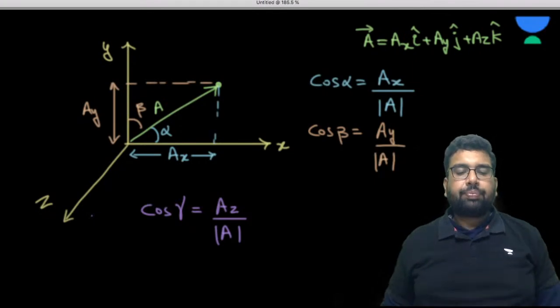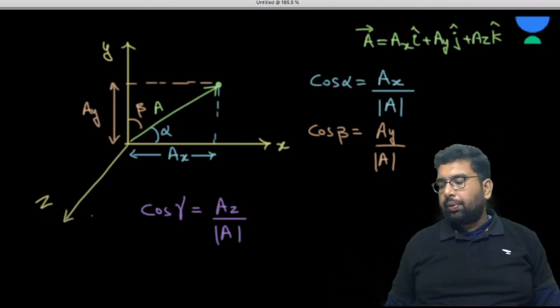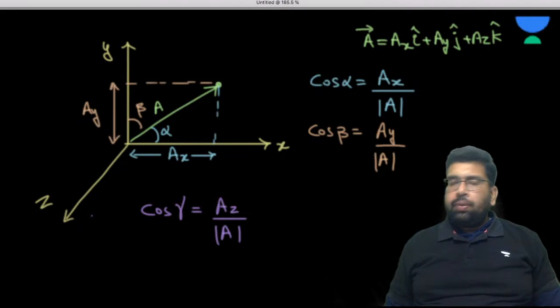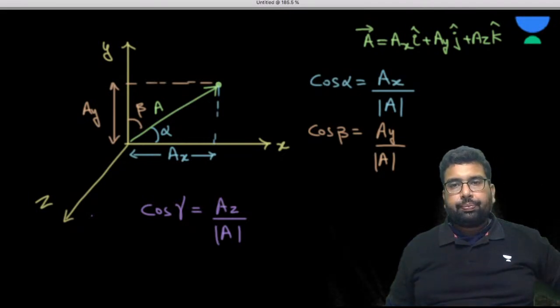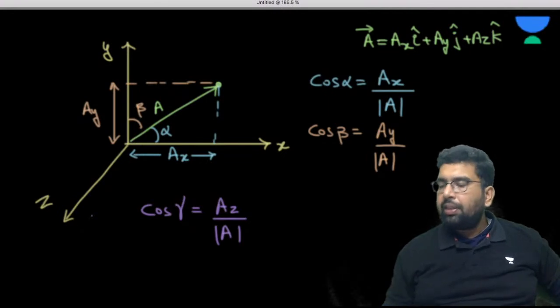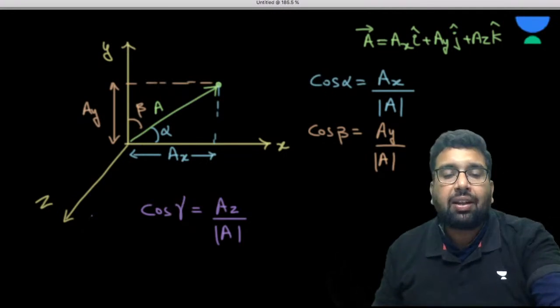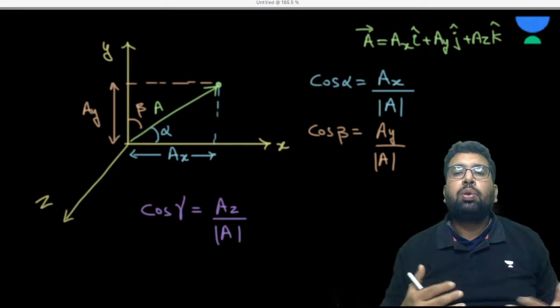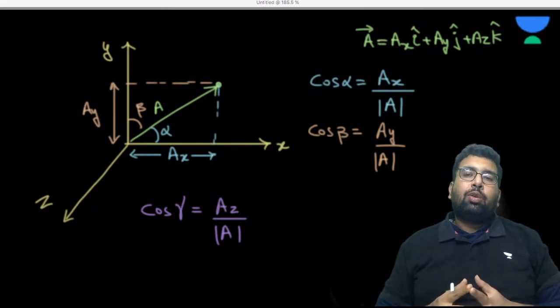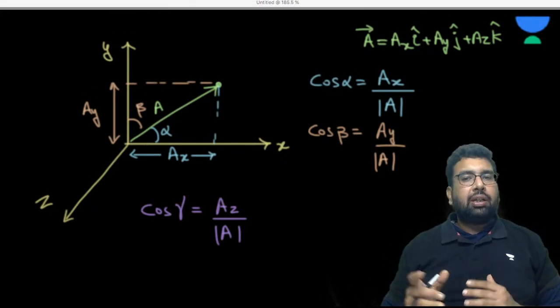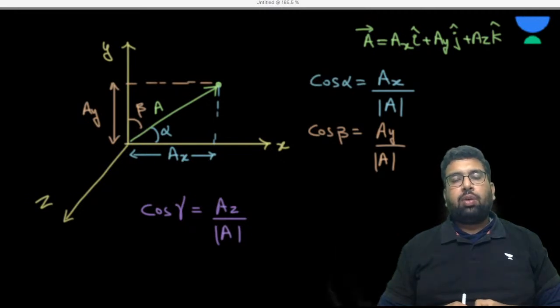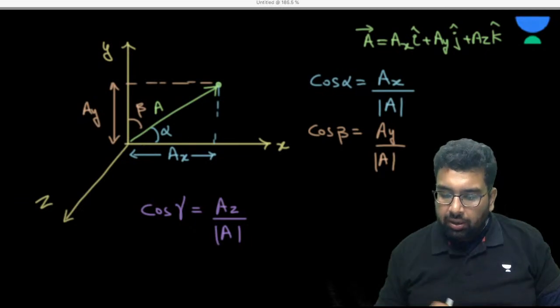Please answer me. Yes or no? Okay, so it is very simple from the coordinates. That is why Cartesian is so easy. If you have a vector written in the Cartesian format, right away you can find the angle that vector is making from each of the axes.